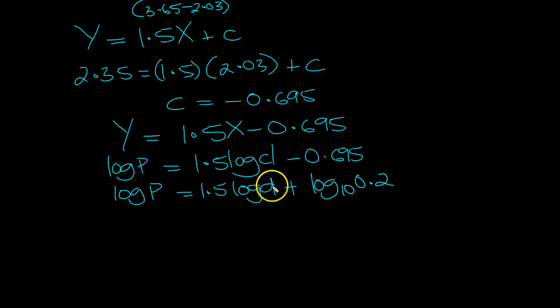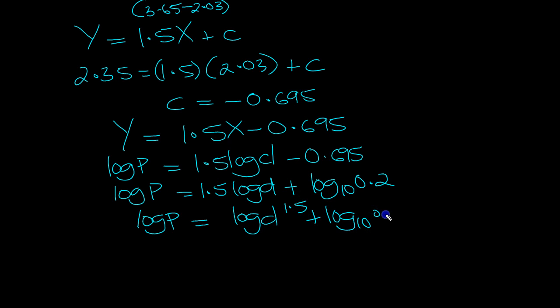So here this is added and this is a power, so we've got log p is equal to log d, move this up to the power 1.5, plus log 10 of 0.2. Now we can write that as log p equals log, plus, you times, you add, don't you? So this is 0.2 times d to the 1.5.